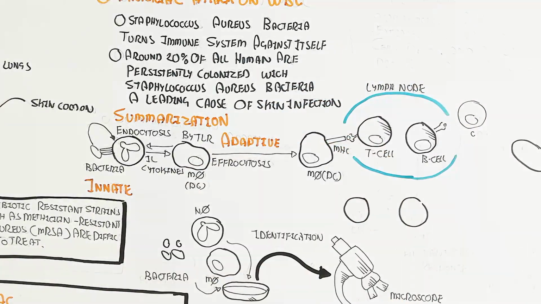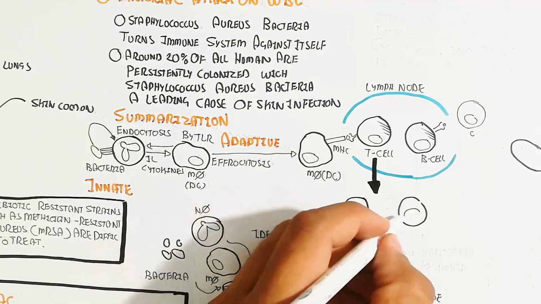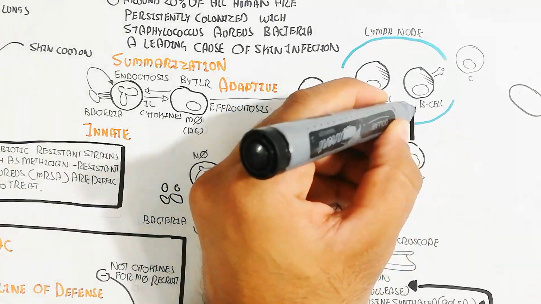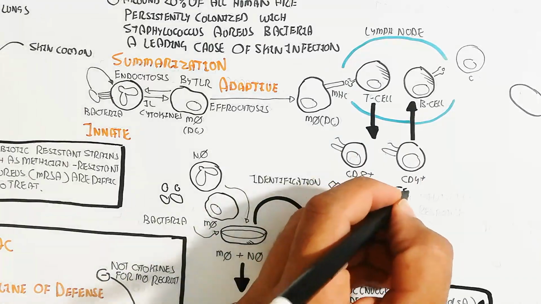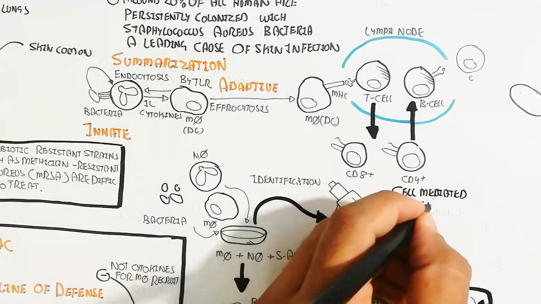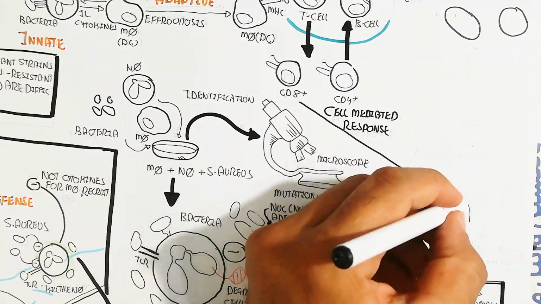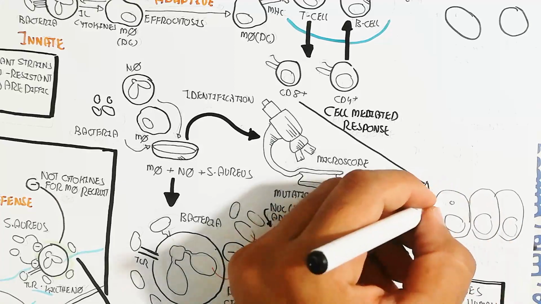Through antigen presentation to the T cell, the T cells proliferate into CD8 and CD4, that is, cytotoxic T cell and T helper cell. The cytotoxic T cell is used for the cell mediated response, while CD4 is used for the humoral response through production of antibodies.